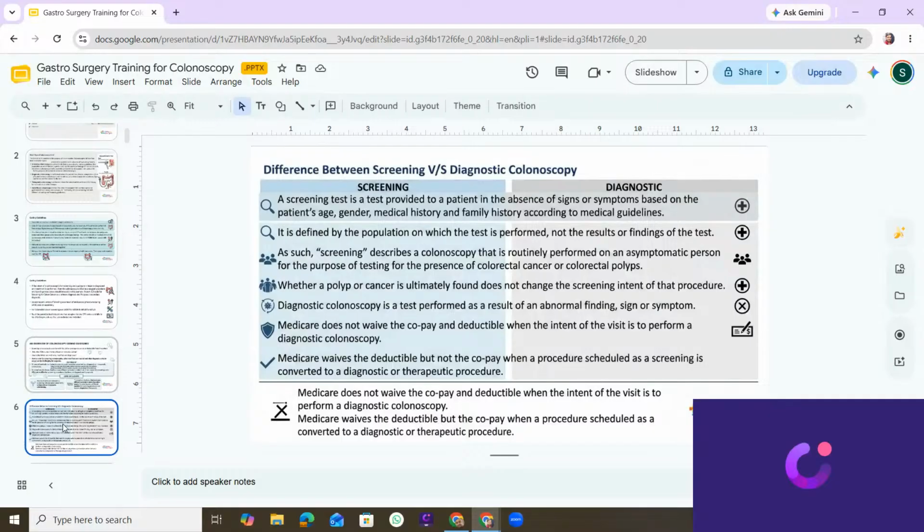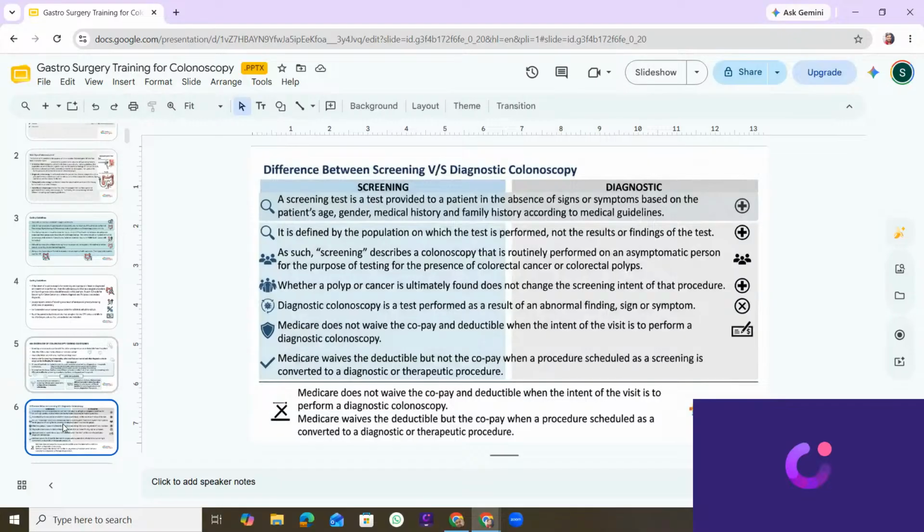A screening test is a test provided to the patient in the absence of signs or symptoms, based on the patient's age, gender, medical history or family history, according to medical guidelines. It is defined by the population on which the test is performed.